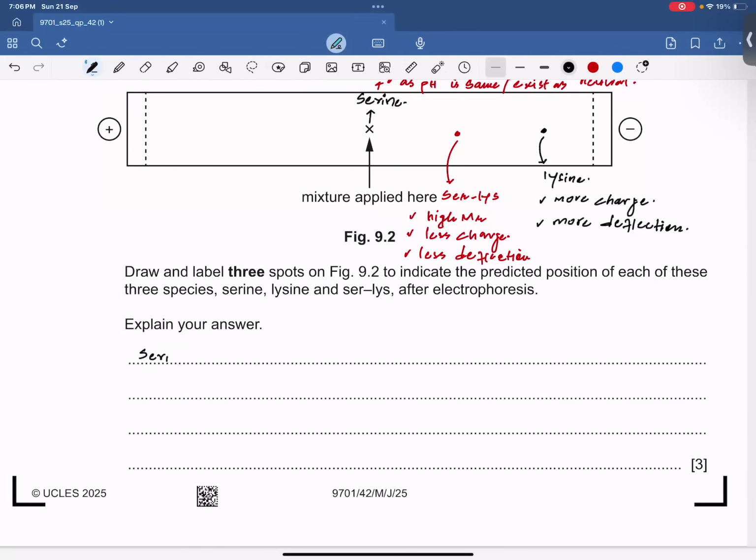Serine has the same isoelectric pH as the pH of the buffer, so it shows no deflection.